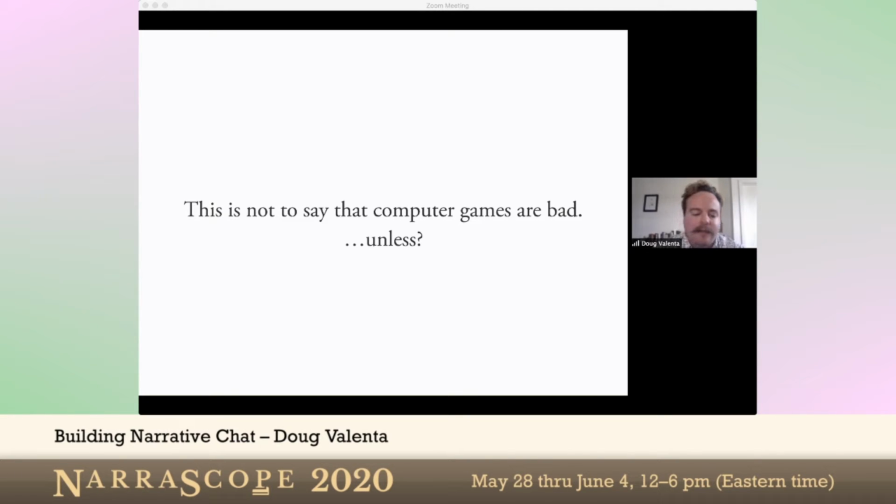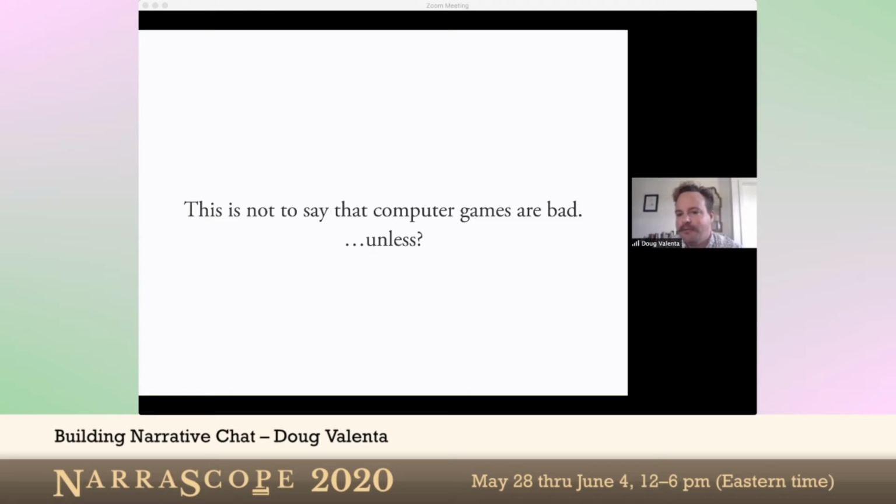And the other thing that computer games do is that they turn rules into physics. There's the old saying that you need to know the rules before you can break them. But computer games take away both of those possibilities often for players, both the ability to know rules and also the ability to break rules.